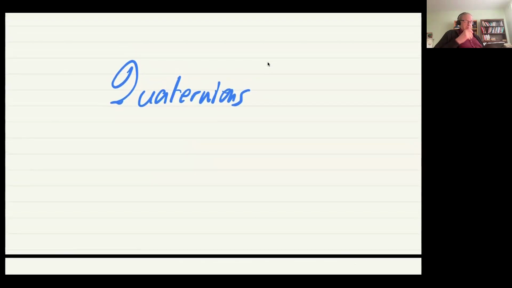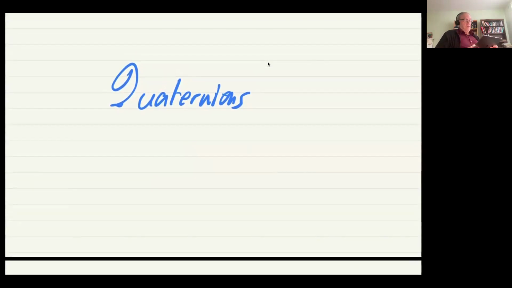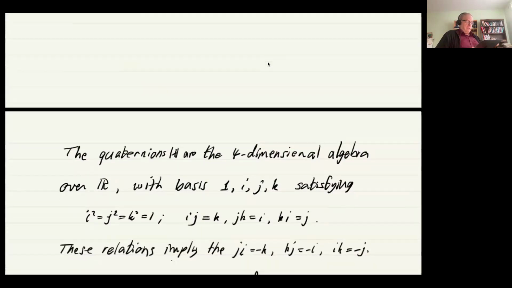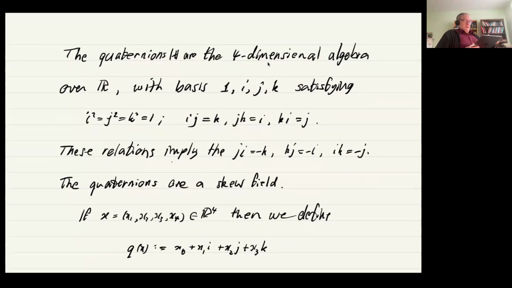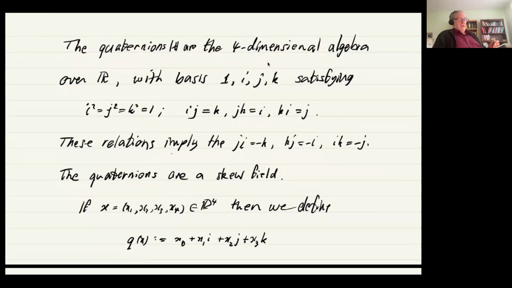Now, the construction we're going to do involves quaternions, and so I'm going to go on about quaternions for a while, because it's a useful thing to do. The quaternions are the 4-dimensional algebra over the reals. They have a basis 1, i, j, and k, satisfying i squared equals j squared equals minus 1, and the relations ij is equal to k, jk is equal to i, ki is equal to j.